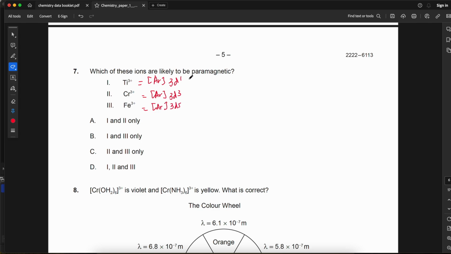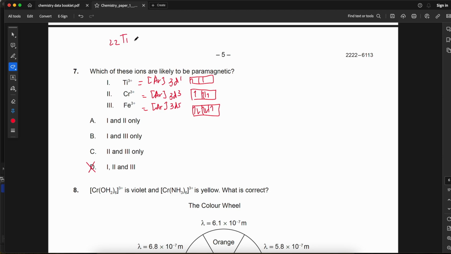Okay, so this will obviously have unpaired electrons, this will obviously also, and this will also. So all of them. If you're not really sure how to write it down, I will show you one of these examples.